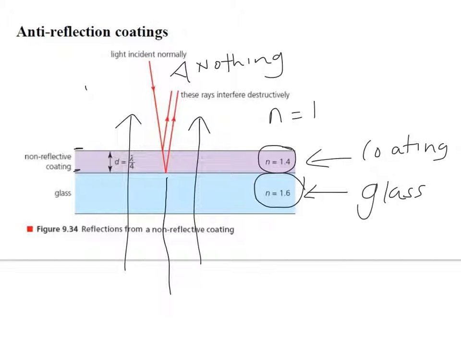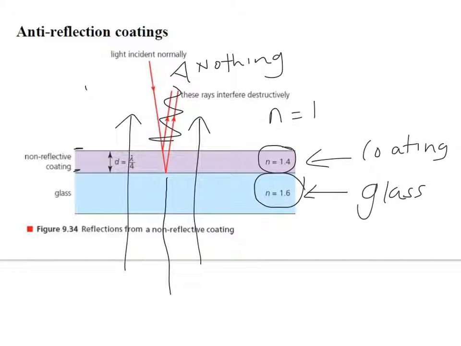You'll be able to see it nicely. It won't be interfered with by all this reflection. So we need to somehow manage to make sure that the rays of light, when they get to here, become lambda over 2 out of phase.